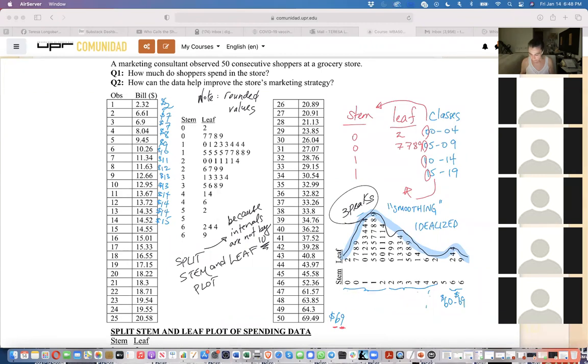Well, what I'm trying to say is this class here, you see, I put them up here. So this one includes all values 0 to 4. And this one, all values 5 to 9.